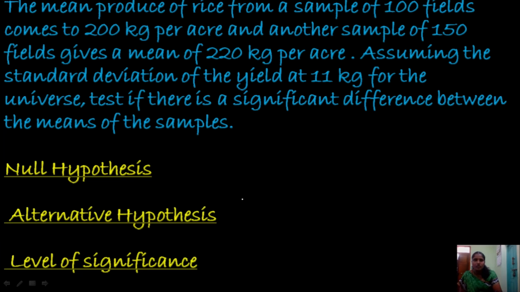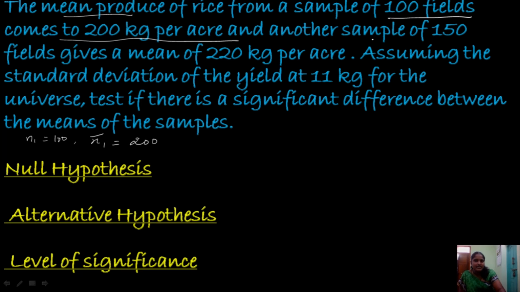Next we shall move on to another problem. The mean produce of rice from a sample of 100 fields comes to 200 kg per acre. That is, n1 is 100, and its corresponding mean is x1 bar equal to 200.